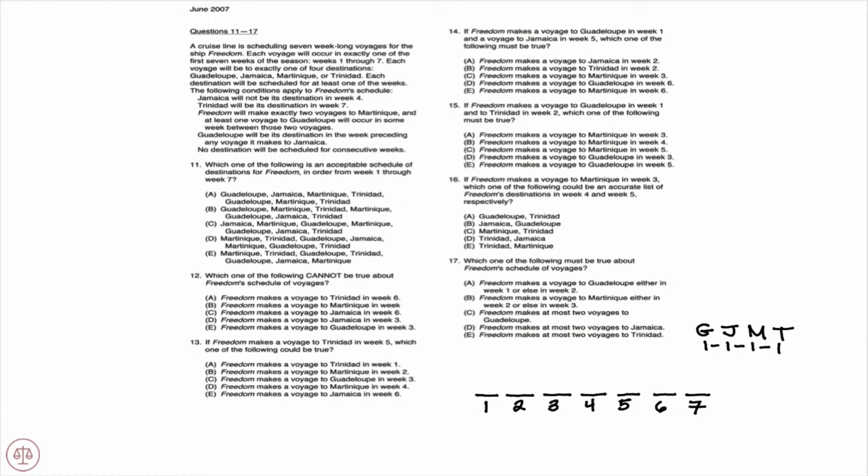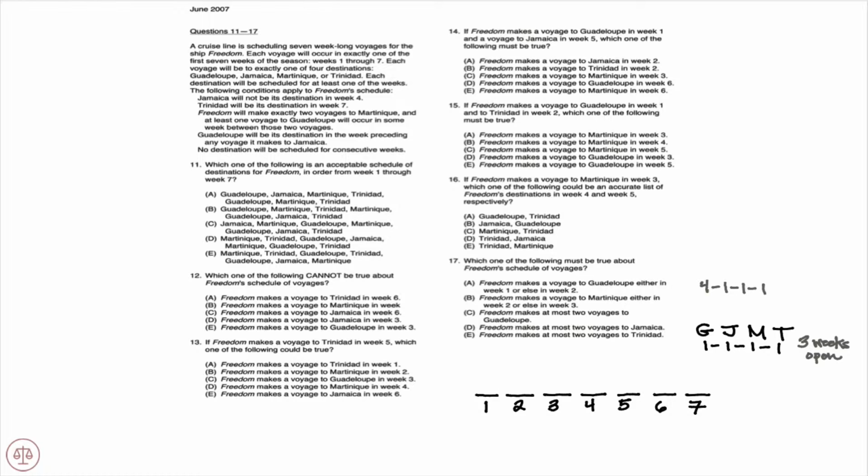Alright, so let's think about what that rule is telling us. Each destination will be scheduled for at least one of the weeks. And we have 4 destinations, but 7 weeks, which means there are 3 weeks that are open. So let's think about the possibilities for the numerical distribution of these destinations. If we have 3 weeks that are open, we could have one of the destinations appear 4 times and the other 3 appear only once.